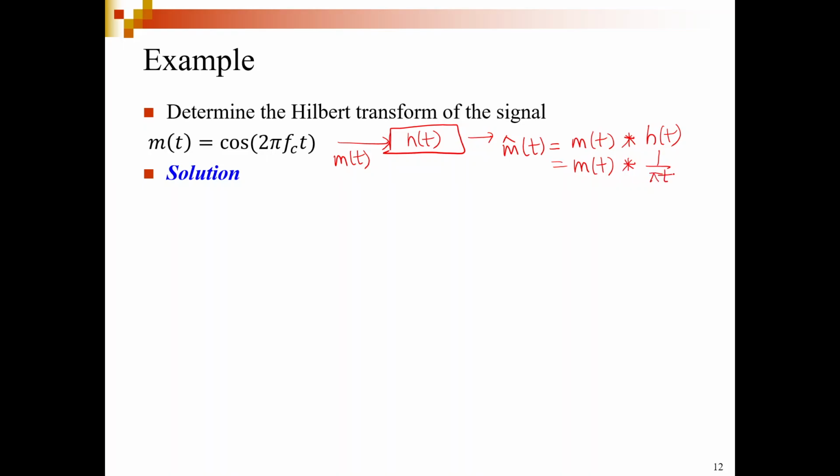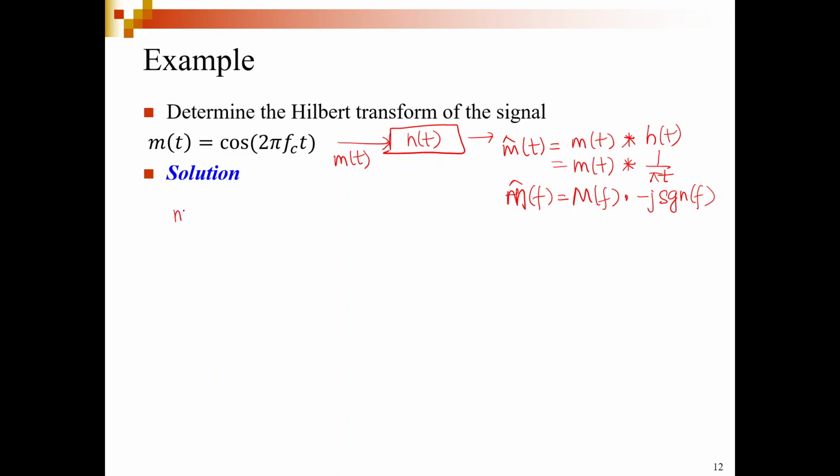So now we will apply the Fourier transform. This is going to be m cap of f equal to m of f multiplied by minus j into signum of f. I am writing it directly over here because we already know the Fourier transform for 1 over pi t. So we will see now.